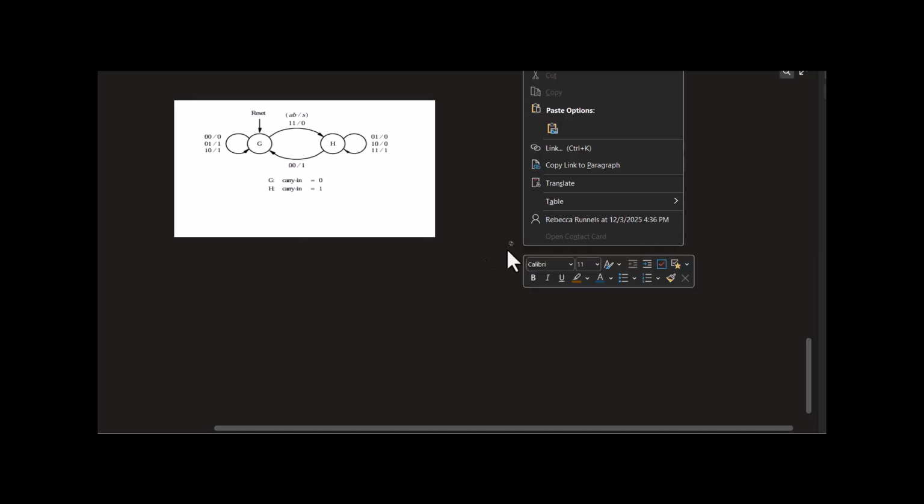All right, so with an ASM chart, the way it works is you have a box for each state, and diamonds are inputs where you make a decision. If you have an output of 1, you put a circle. If you have an output of 0, you don't put anything.